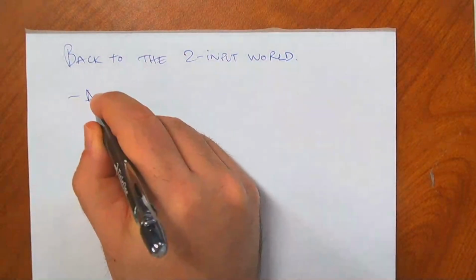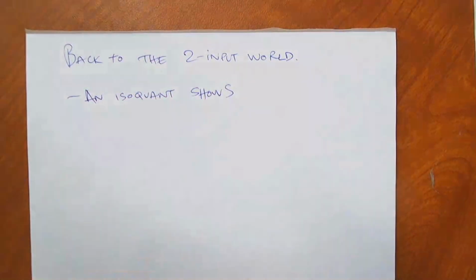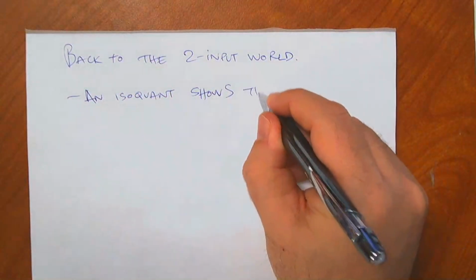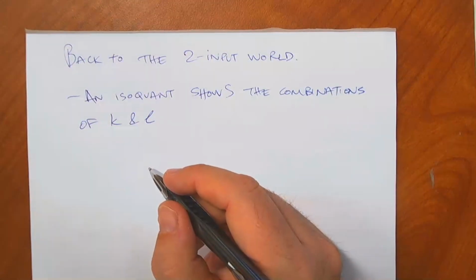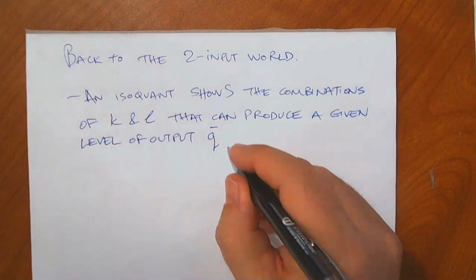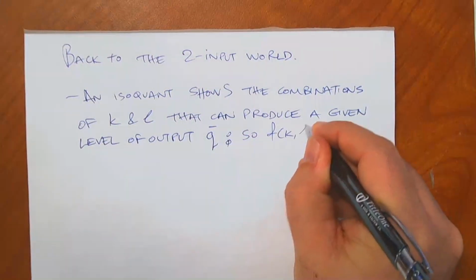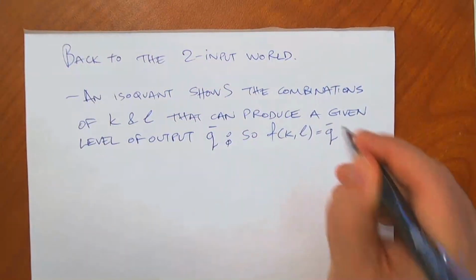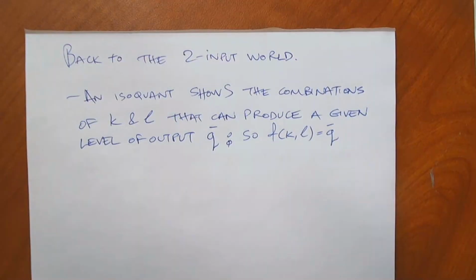So an isoquant shows the combination of capital and labor combinations that can produce a given level of output, Q bar. Okay, hopefully that makes sense. So f of K comma L is going to be equal to Q bar. The reason for this is showcasing the possible substitutions of one input for another. And this is really important for economics, right?